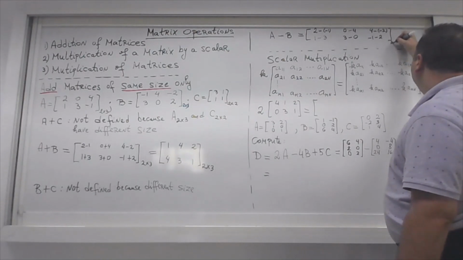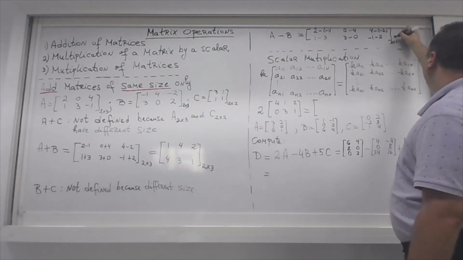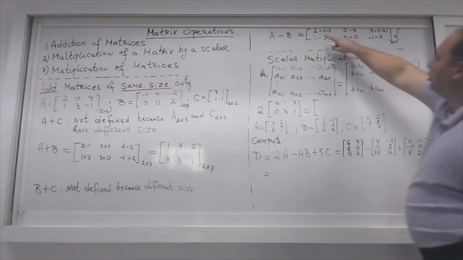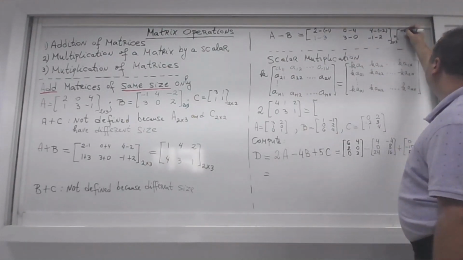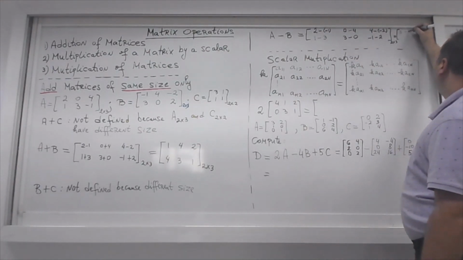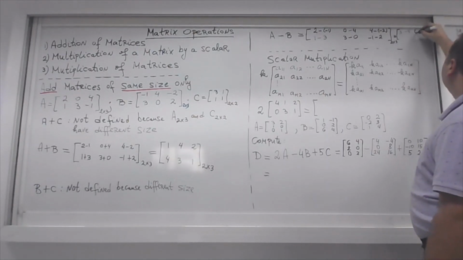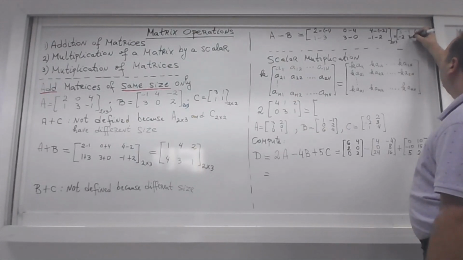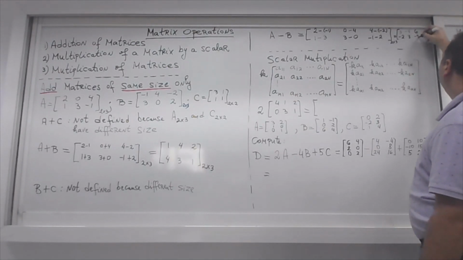So this is still 2 by 3. It's going to be squeezed a little bit. So 2 minus minus 1, so this is 3. This is minus 4, 6, and then minus 2, 3, minus 3.